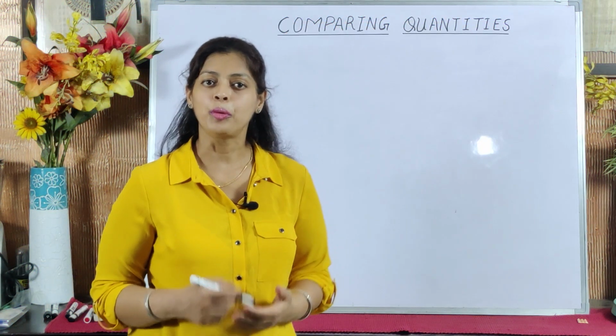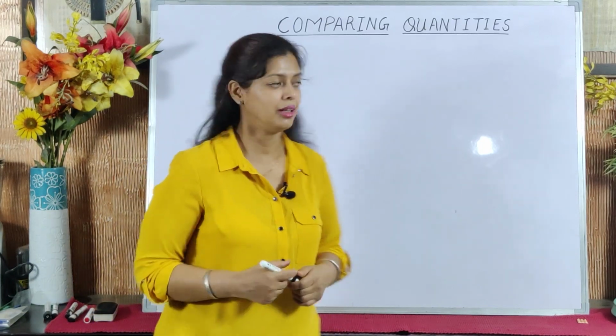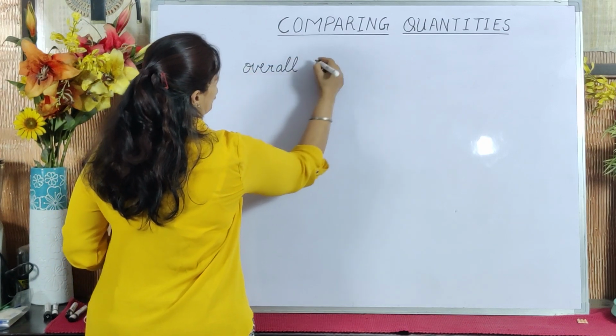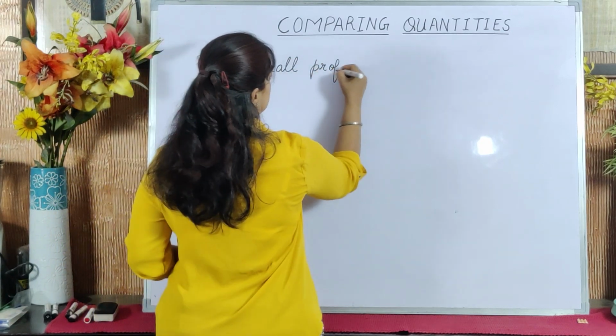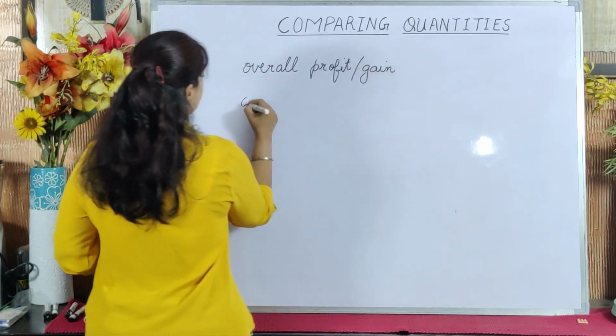And then we have two more terms in this chapter relating to profit and loss, which is the overall profit or gain and overall loss.